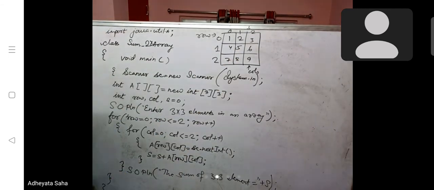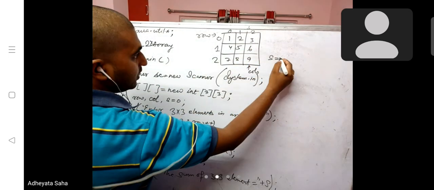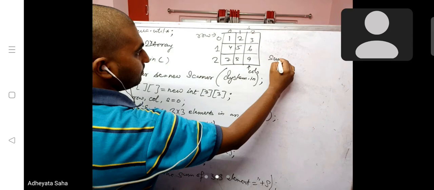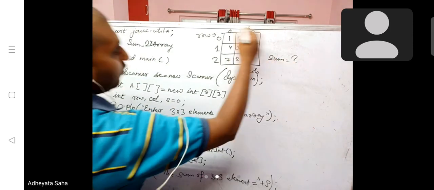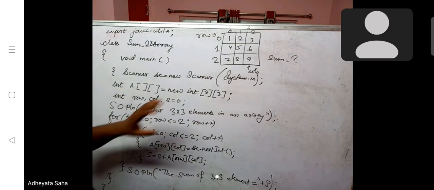So the question for this was to find the sum. What will be the overall sum of a two-dimensional array having 3 cross 3 elements? For that, first we have to enter the values.